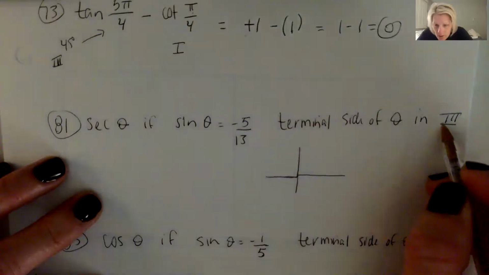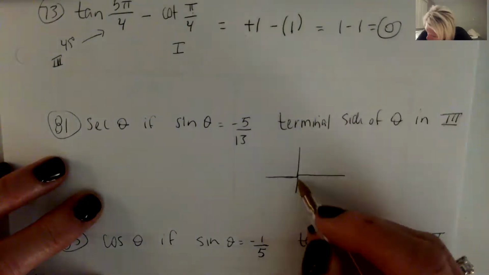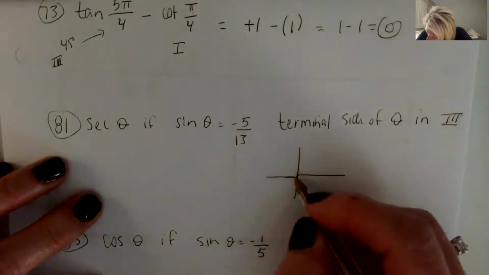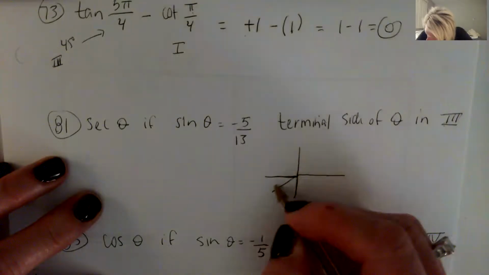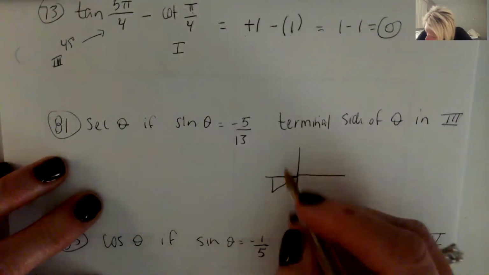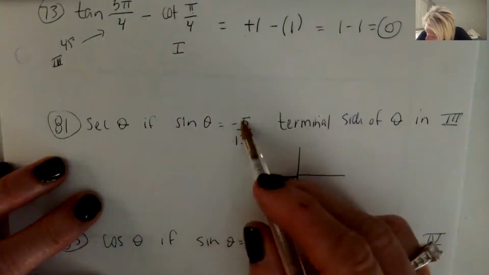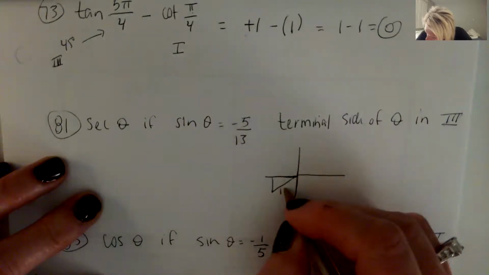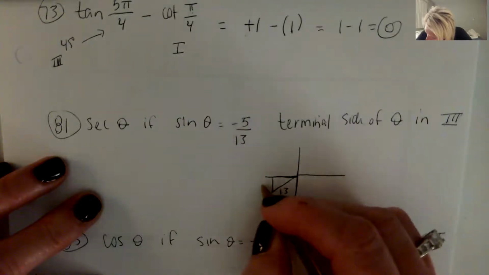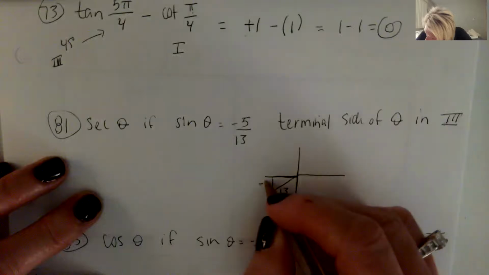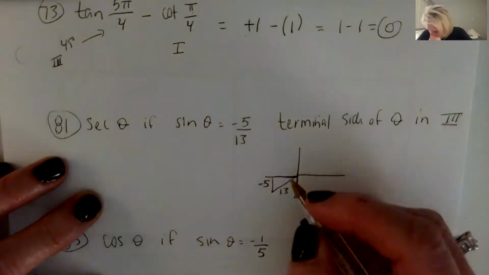So it's in the third quadrant, okay? Its sine is 5/13, so the hypotenuse is 13, and the adjacent side is a -5.